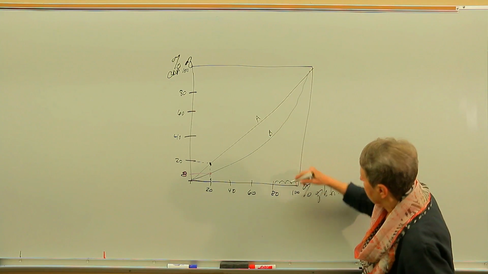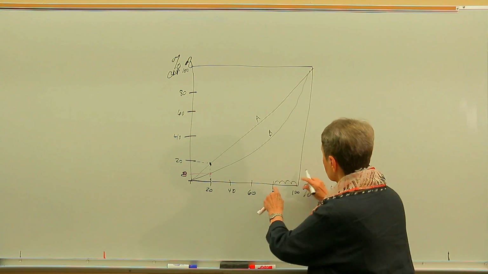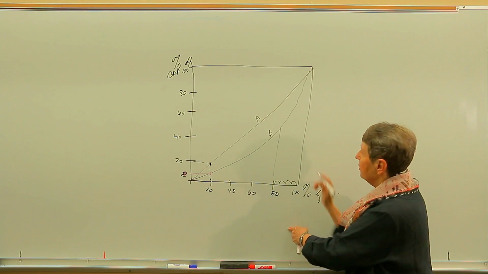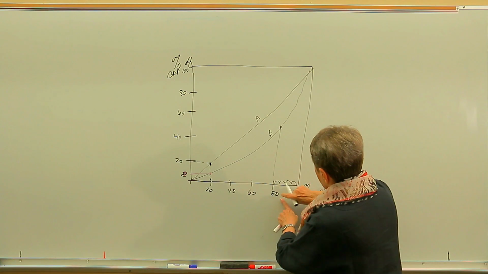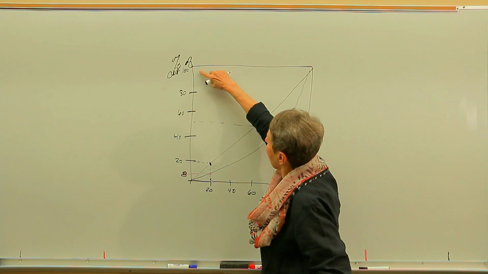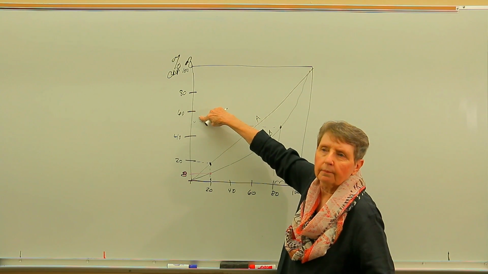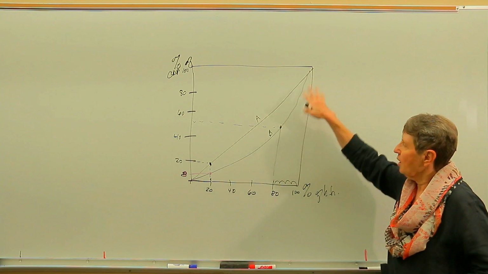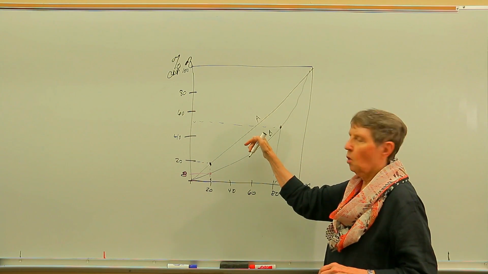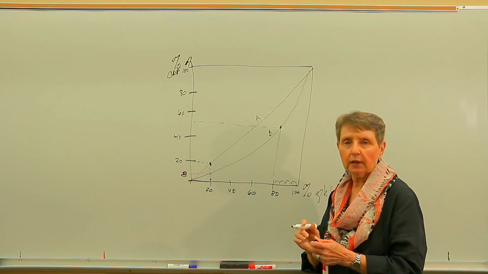That means this 20% right here, these are the rich guys. These 20%, because these are cumulative percentages, cumulative percentiles, actually have 45% of the income. So income in economy B is more unequal than it is in economy A. In economy A, it's perfectly equal.